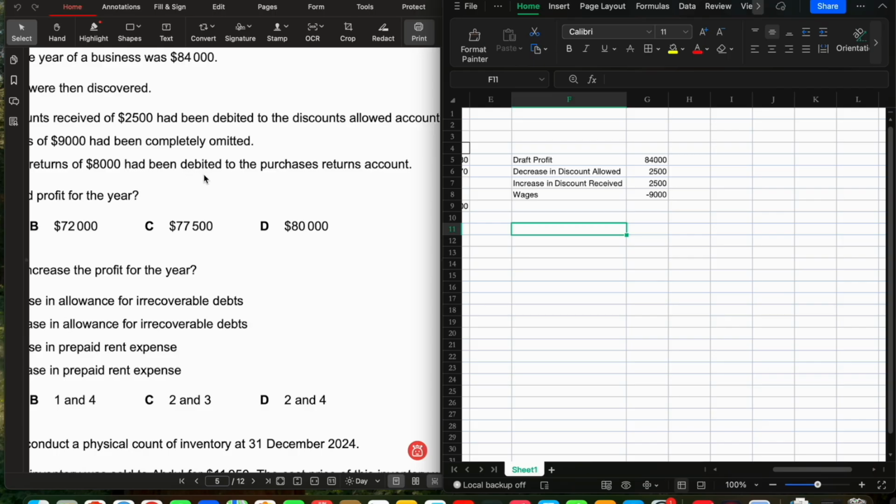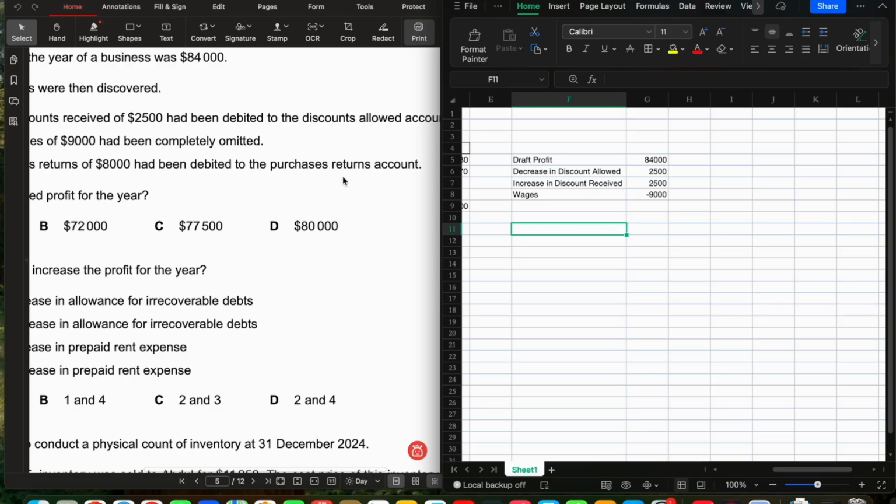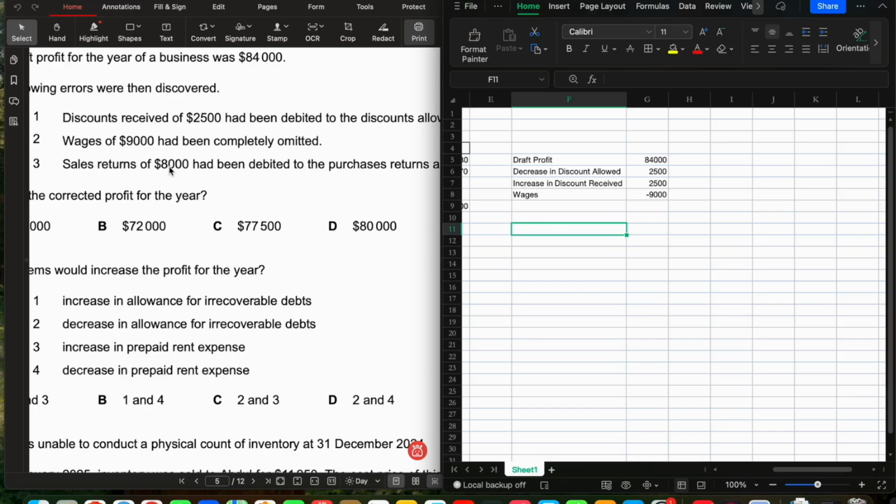That means my income is decreasing here, and my expense is also decreasing by 8,000. If I correct this amount, then my income will increase and my expense will also increase, so they will cancel out each other. So this particular entry has no effect on my overall profit.